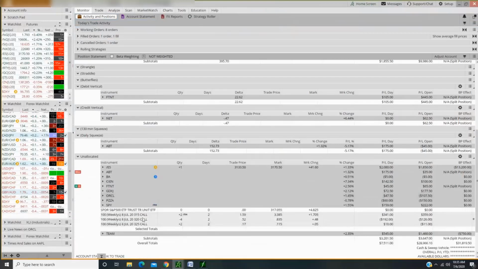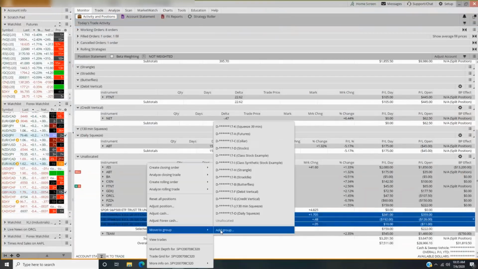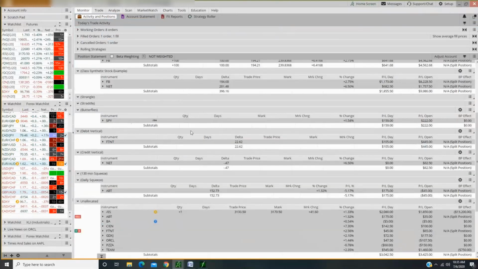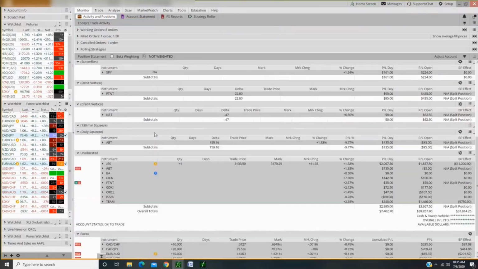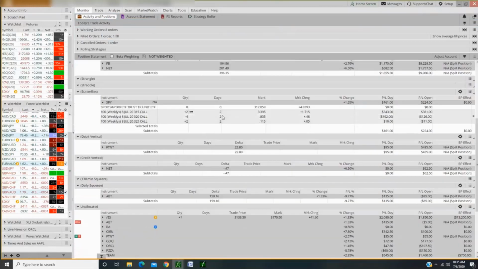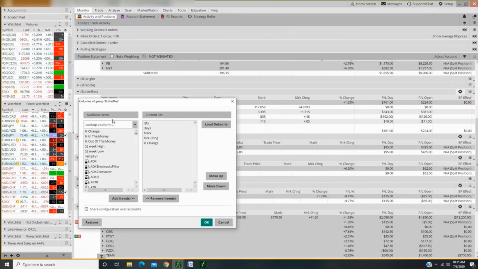Is this the butterfly? Okay, let's move this to butterfly. We're up $7,000 today in paper money. Jeez, $3,000. Okay, where you at? Butterfly. Okay, let me put something else on here.